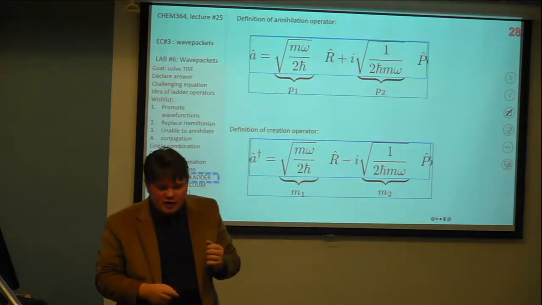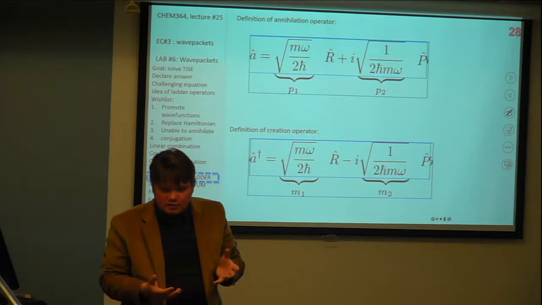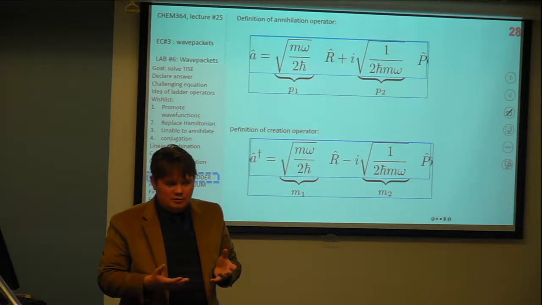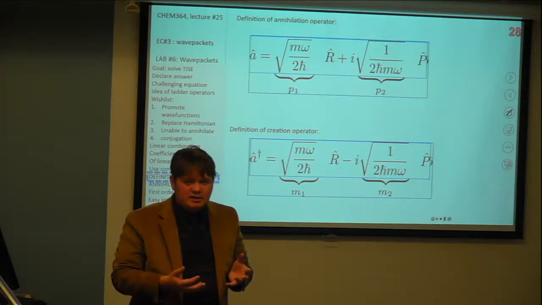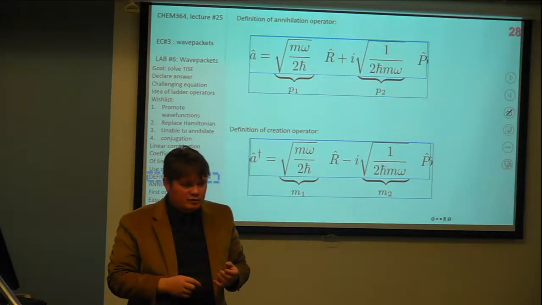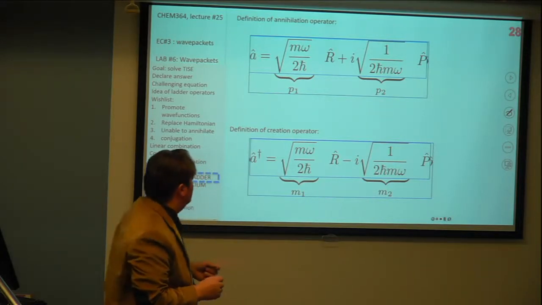Which means if we apply Hermitian conjugation, complex conjugation, the sign in front of the imaginary unit will flip. Right? So we immediately see that these two operators match the requirement: they are Hermitian conjugates of each other. Right? Make sense? What else?